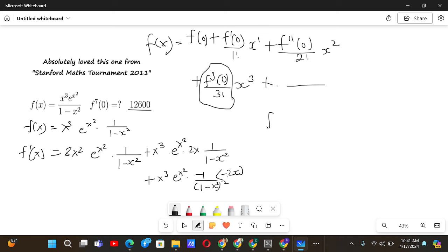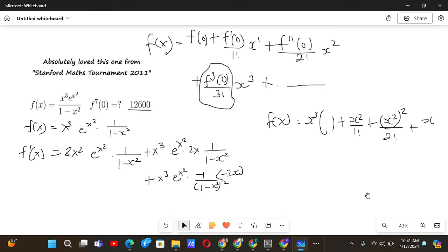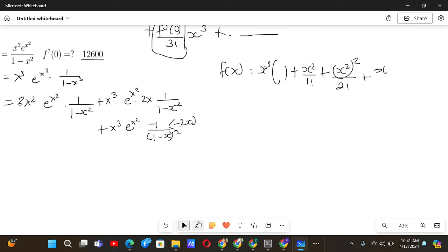First of all, we try to find the series expansion for this function. The function is x cubed, and then the series of e to the power x squared will be 1 plus x squared by 1 factorial plus x squared whole squared by 2 factorial plus x squared whole cubed by 3 factorial, and so on.